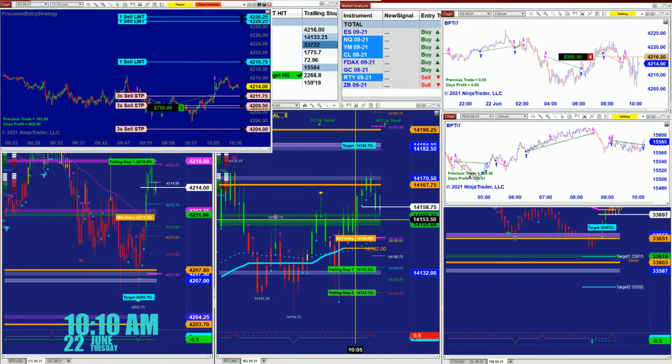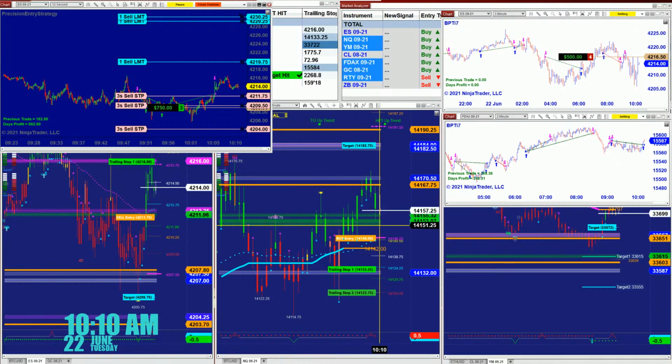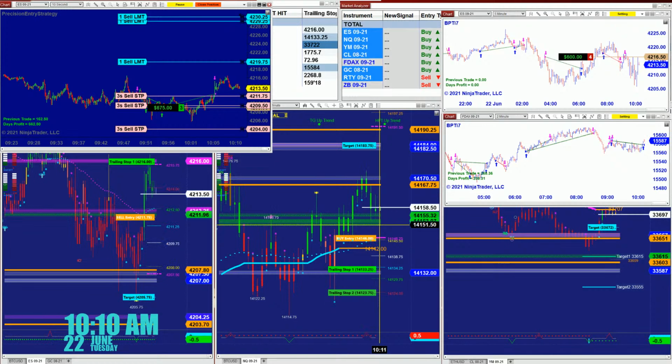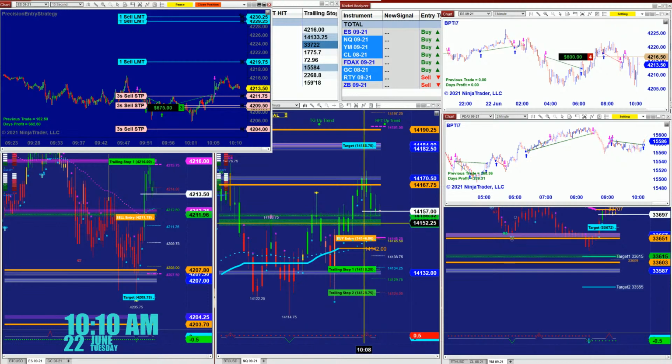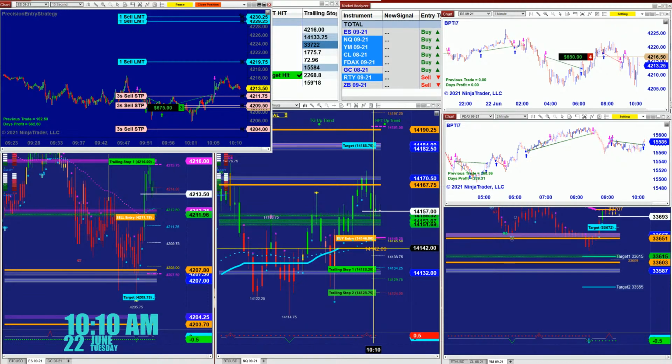This is a huge support area on the NASDAQ, and this one here can be taken advantage of to enter the market as a pullback re-entry. There is no short. Even if the NASDAQ broke that area, it's going to stop at 1442. There is a huge support in this area here as a re-entry point.